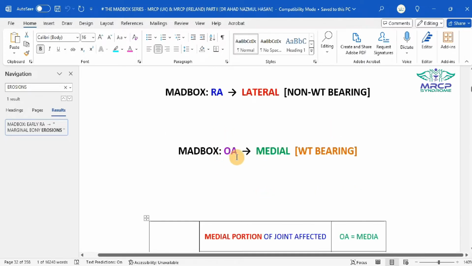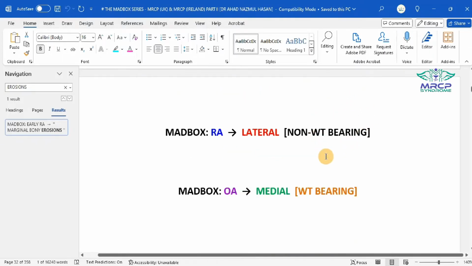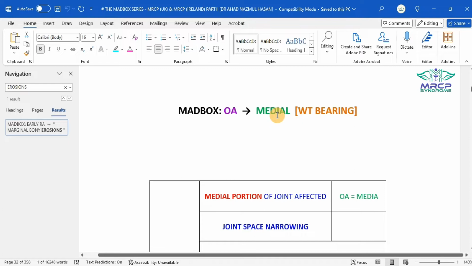And in case of osteoarthritis, the medial portion of the joint would be involved. So if we consider the knee joint, the lateral portion is the non-weight bearing portion. So in case of rheumatoid arthritis, the lateral portion would be affected, and the medial portion of the knee joint is usually the weight bearing portion. So in case of osteoarthritis, the medial portion would be involved.